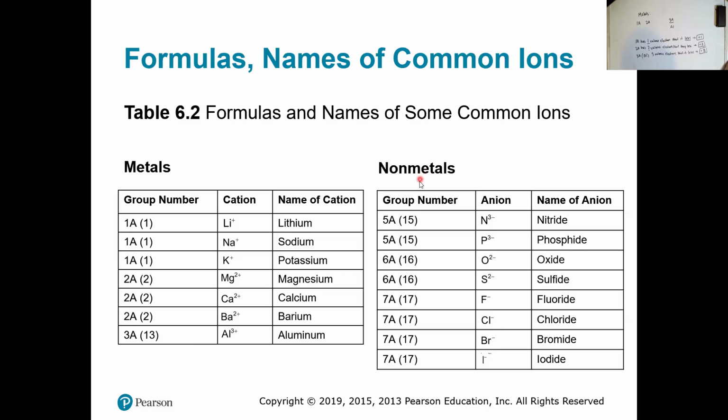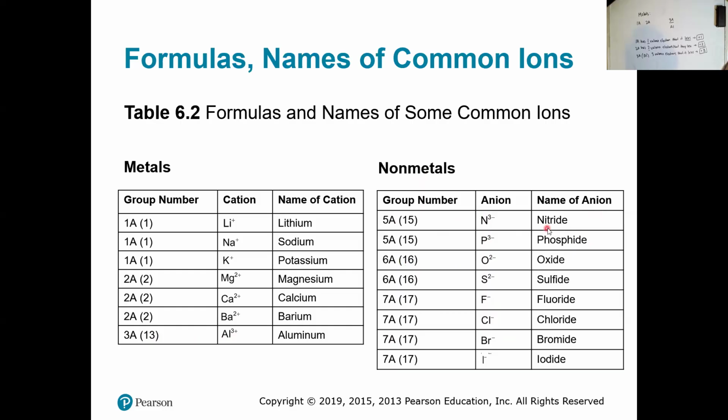And on our nonmetal sides, you'll notice that the stuff that's in group 5A, they have -3 because 5 minus 8 is -3. In group 6A, -2. And then in group 7A, all of these are -1. And you'll see the names of the anions, the negatively charged ions.